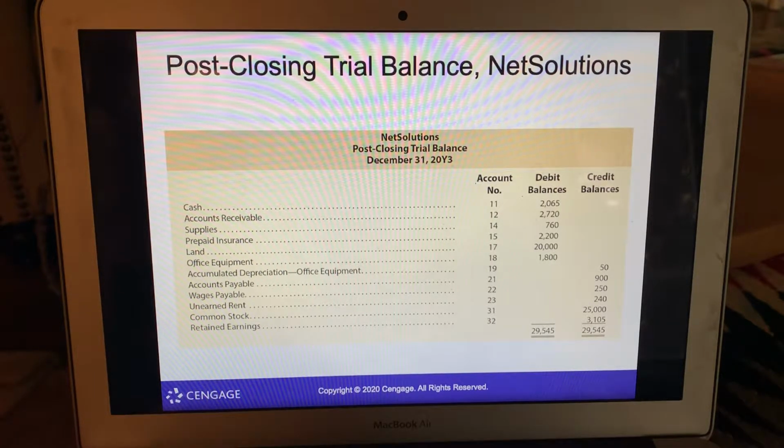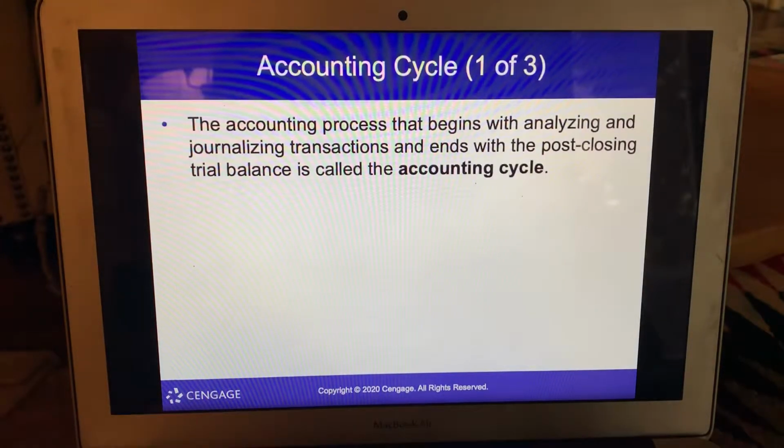Cash account is for $2,065, and then also our other credit balances on the right-hand side in the credit column. So the $29,545 does equal the $29,545 on the credit balances. So those do equal. So that's called a post-closing trial balance.